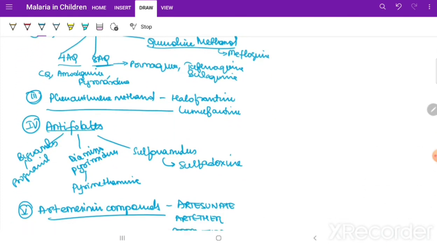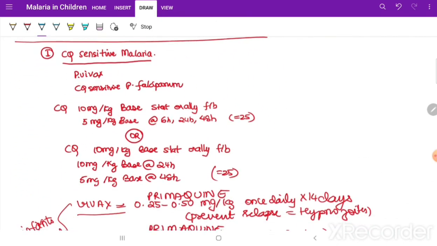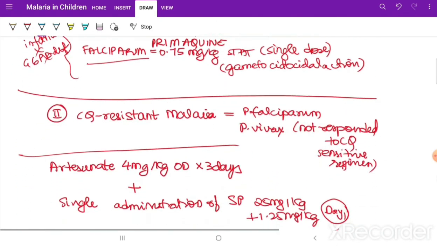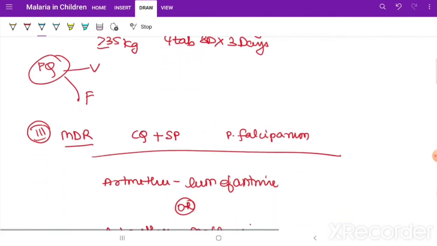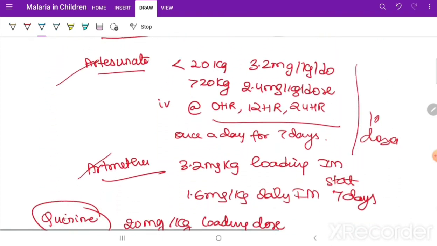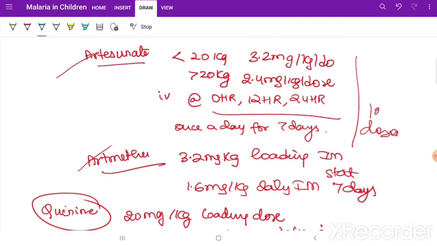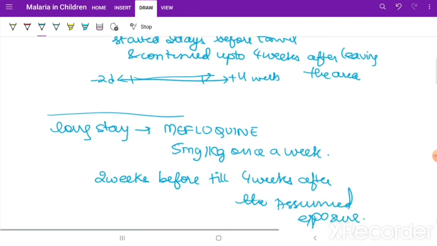And then we have described regimens of chloroquine sensitive malaria, chloroquine resistant malaria, and the multi-drug resistant malaria which is defined as resistance to chloroquine as well as SP. And then for complicated or severe malaria we have the criteria for it. And then we discussed a little bit about the chemoprophylaxis.